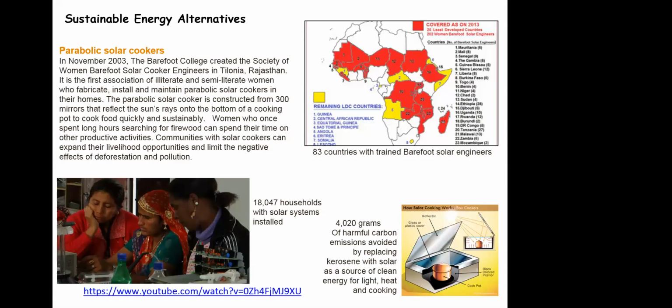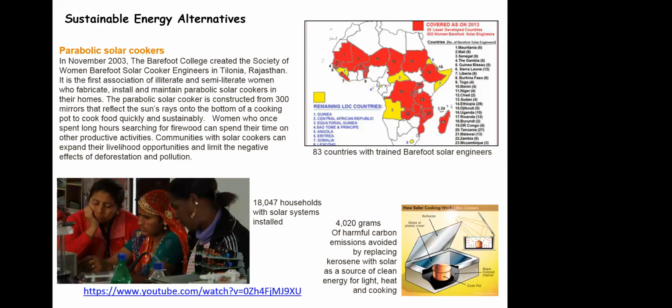You need to do some very precise calculations if you're not going to burn yourself, but once the knowledge has been passed on, these women can cook their food with solar energy without a huge infrastructure, without electricity.